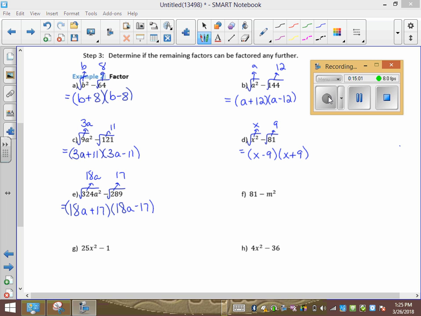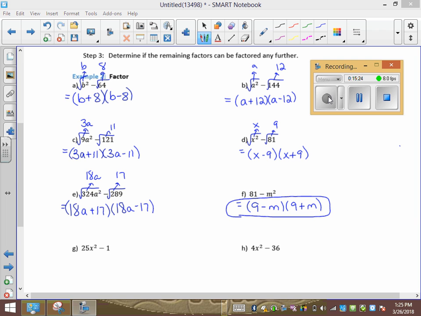Now, 81 minus m squared, you will have it this way, I'm sure, most of you: 9 minus m, 9 plus m. But sometimes that's not the nicest format. Sometimes they want to have the m's first, and it's all dependent on, when we do rational expressions, what factor you're trying to cancel off the denominator or numerator, right? So just keep this in mind, this answer is correct.